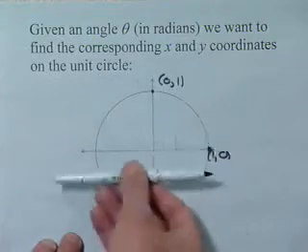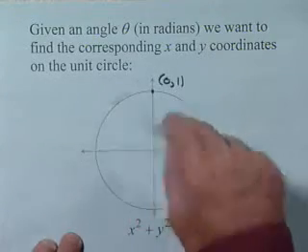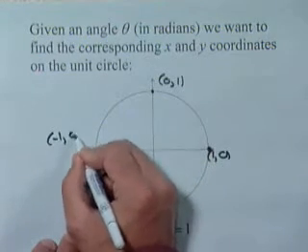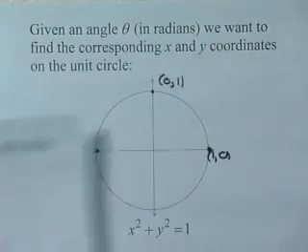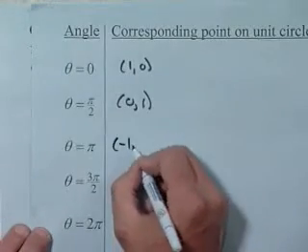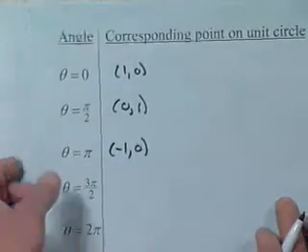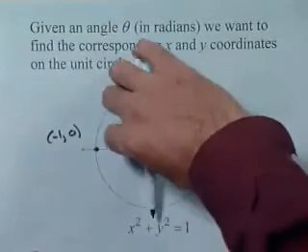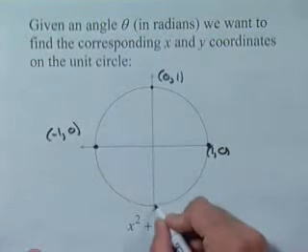The corresponding angle to pi, or 180 degrees, is right here. And that's the point -1, 0. And we'll do 3 pi halves next. That's 270 degree rotation. So that puts us here.